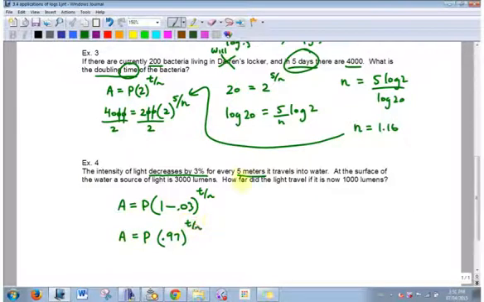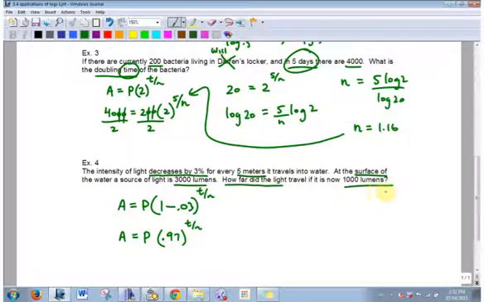So what else do I got going on? Every 5 meters, it goes down by that. At the surface, it's 3,000. How far did the light travel? And that's not really a time, is it? That's a distance. So t really shouldn't be t, it should be d. Now it's 1,000.